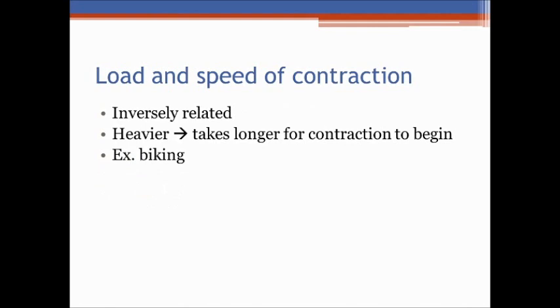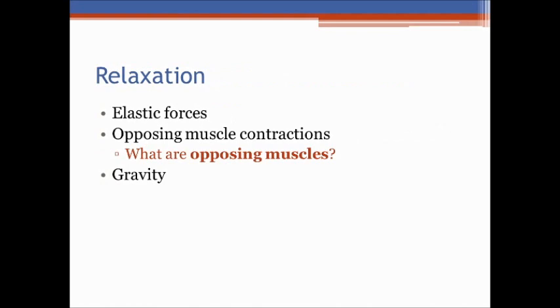The load and speed of contraction are inversely related, which makes sense because, like I said before, the heavier something is, the longer it takes for contraction to begin. You can see this with biking when you put your bike to different speeds and different resistances. Relaxation occurs with the use of elastic forces. It can also occur due to opposing muscle contractions.